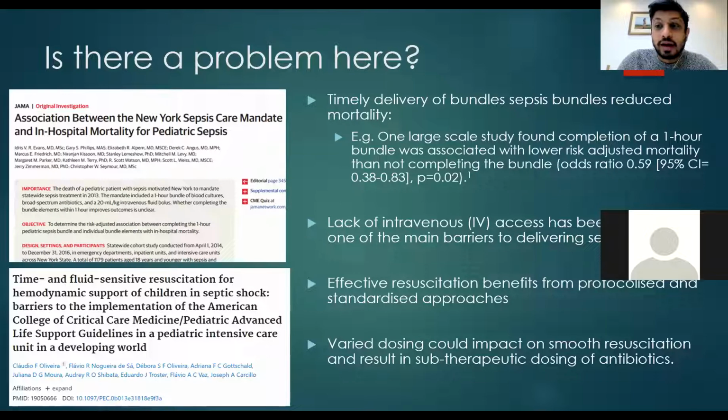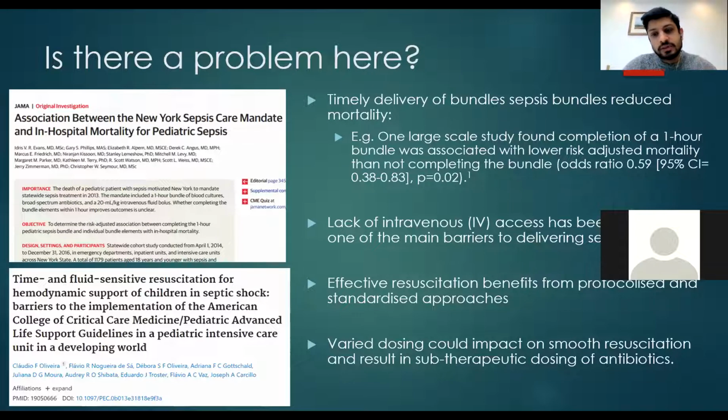They looked at how effectively they were delivering bundles of care and what the main barriers were to delivering the PALS guidelines or American Critical Care Society guidelines. The top thing was lack of IV access, alongside not recognizing shock or not having enough team members as secondary and tertiary factors.